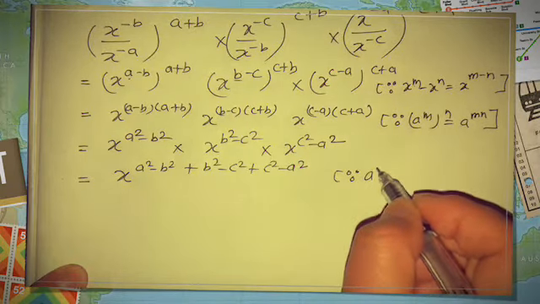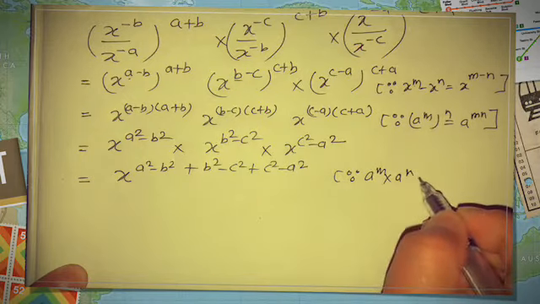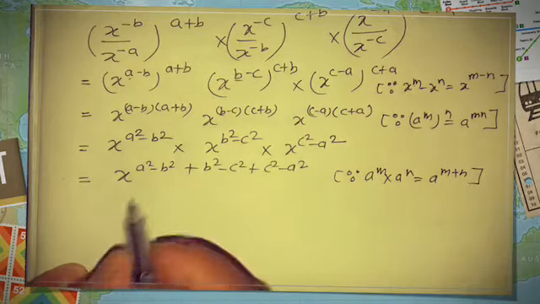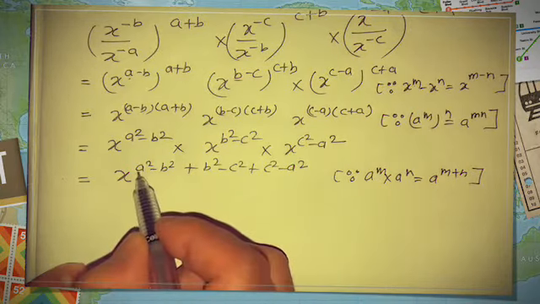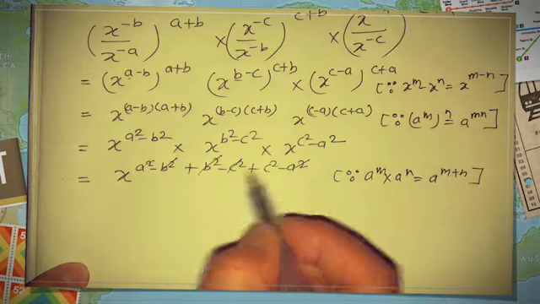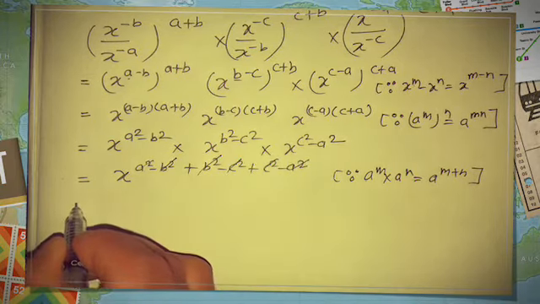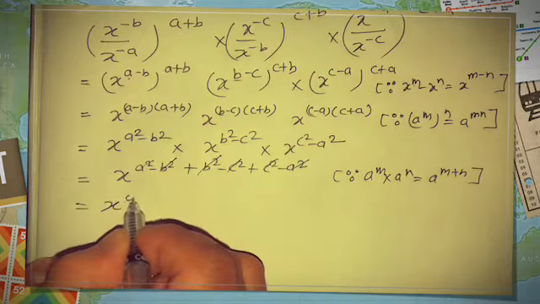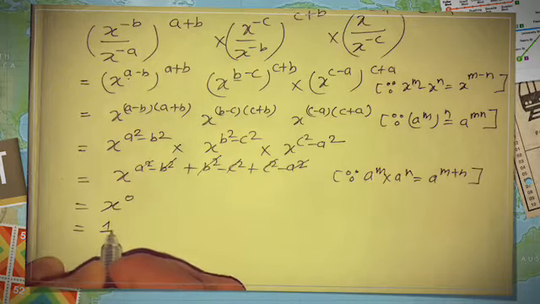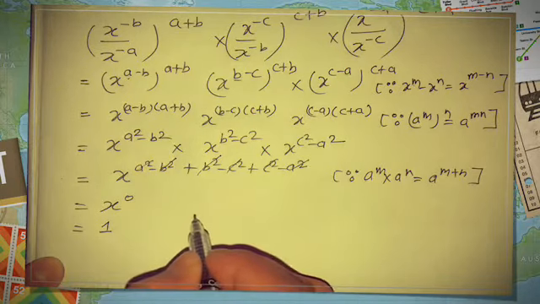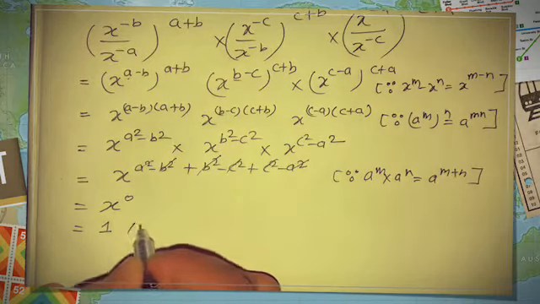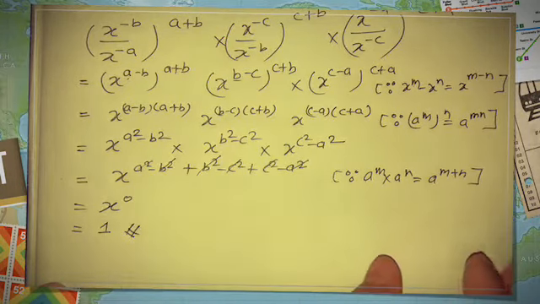That is, if a^m and a^n base are same, then power is added. So look at here, a square, this is plus, this is minus, so they can be cancelled. B square plus minus cancel. So what we have left here, x to the power nothing, that is 0. Okay, so this equals 1 by using the law of power 0. Okay, this way we have to simplify.